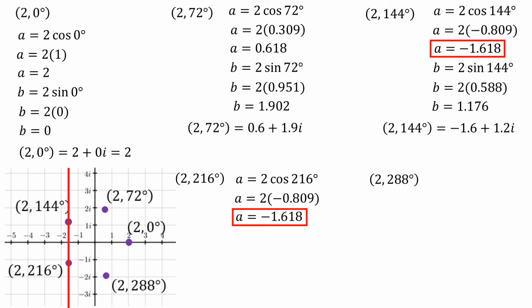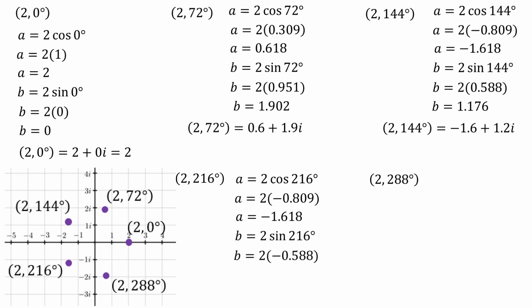And oh my goodness, we reused a value, didn't we? Look at that negative 1.618. And if you're wondering, well, gee, how come it's getting reused? Well, take a look at where our solutions were. They have the same real number component, right? They have the same value on the horizontal axis, the real number axis. And then, of course, I can go find b.